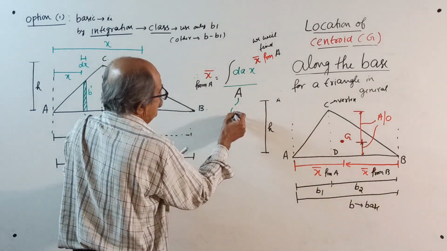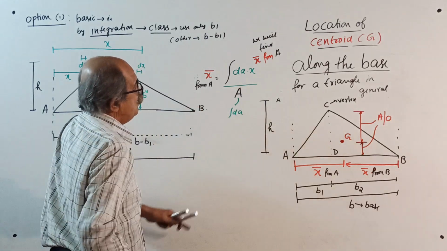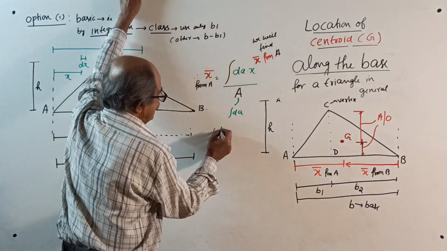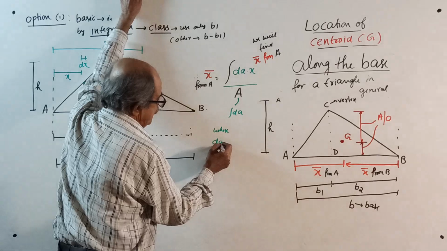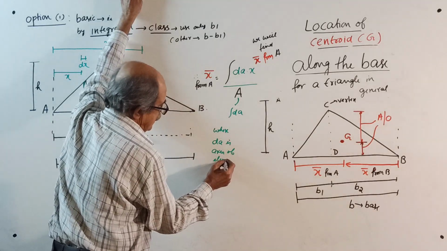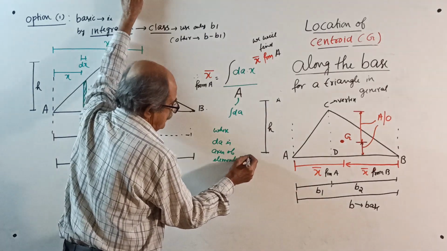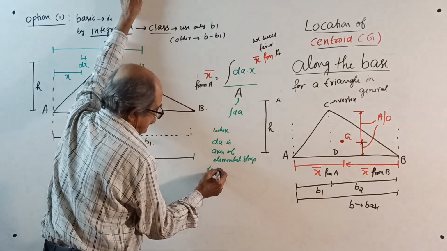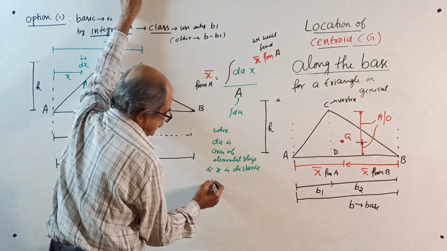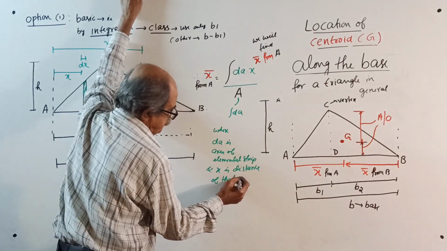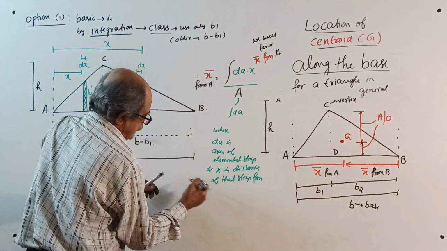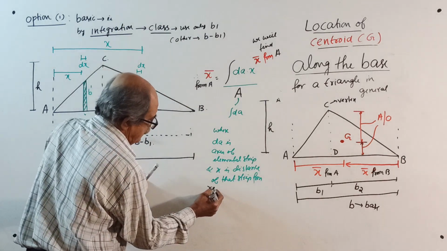Where dA is the area of the elemental strip and x is the distance of that strip from the reference point. Very important. From the reference point.